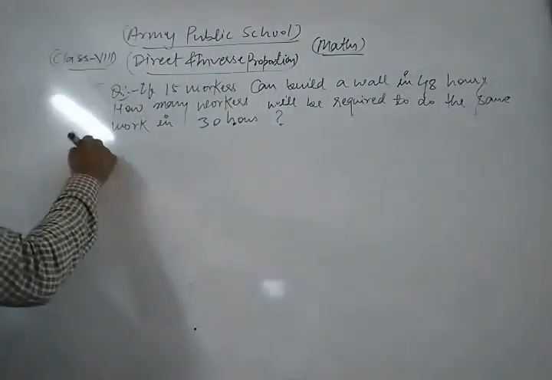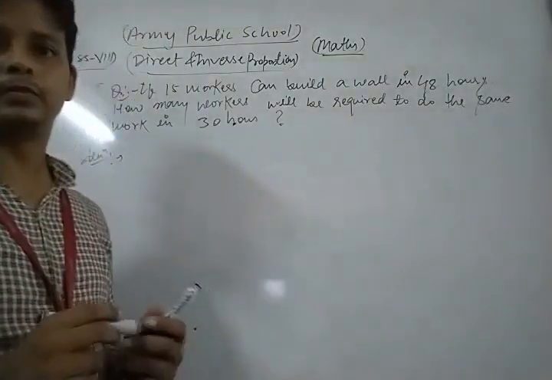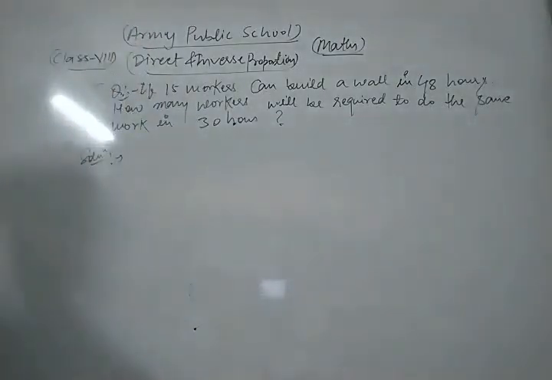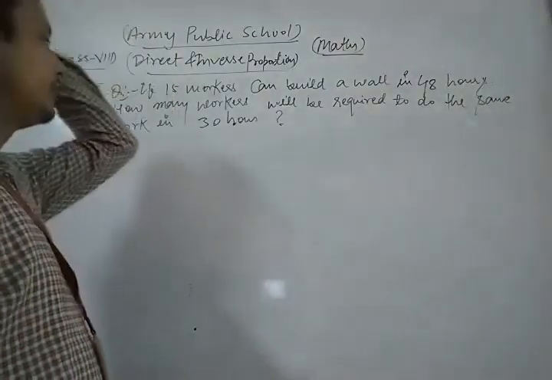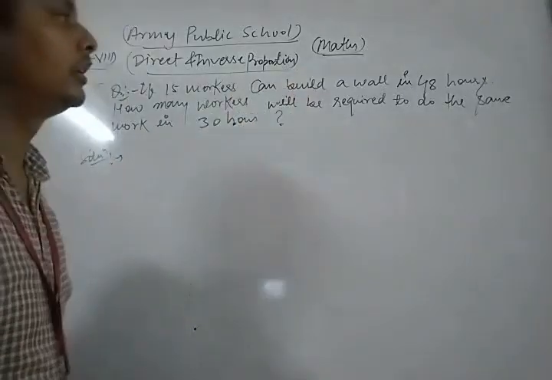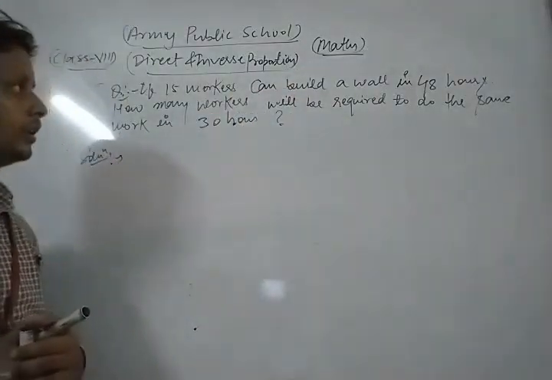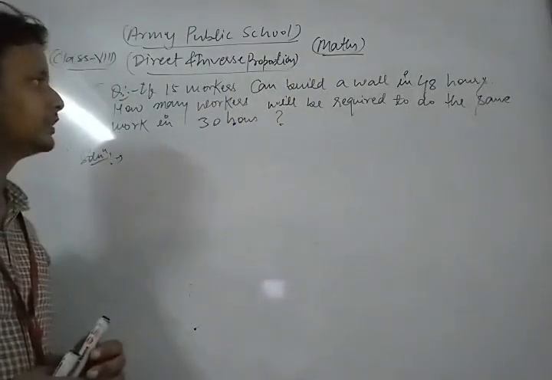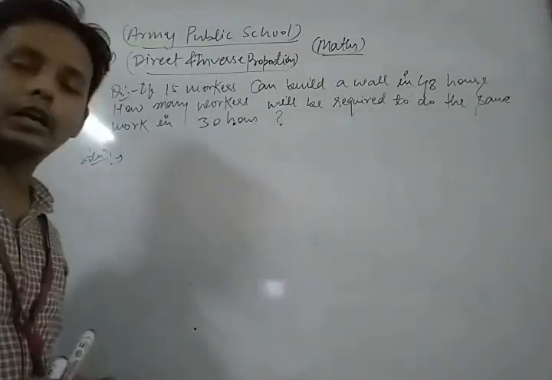Now let's see its solution. Okay, now here look, dear students, the question is: if 15 workers can build a wall in 48 hours, how many workers will be required to do the same work in 30 hours?